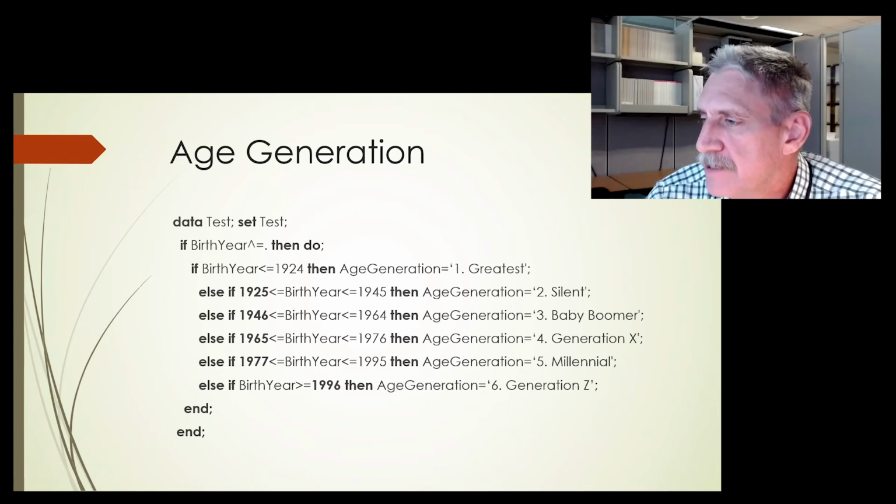You'll see that I have here 1 dot greatest, 2 dot silent, 3 dot baby boomer. That is so when I do a proc frequency later on, it will put them in order that I want them there. Otherwise, it would automatically do it by alphabetical, and then I'd have to rearrange when I did my report. This just makes it a little bit simpler for me.